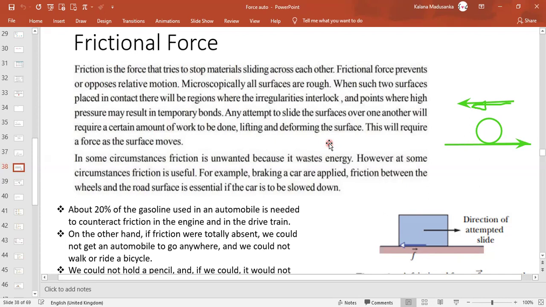for example, in any kind of engine, there are irregularities, right? Mechanical steel columns and the rotors and the wheels, there are irregularities. So that is why the engines produce heat due to that friction.